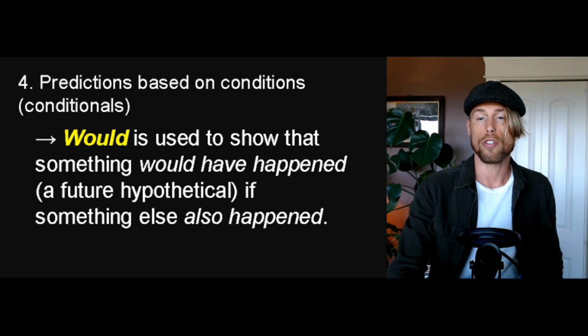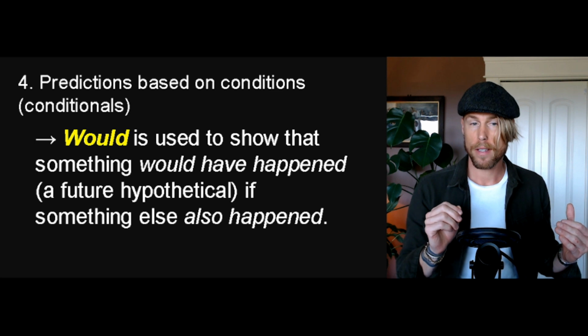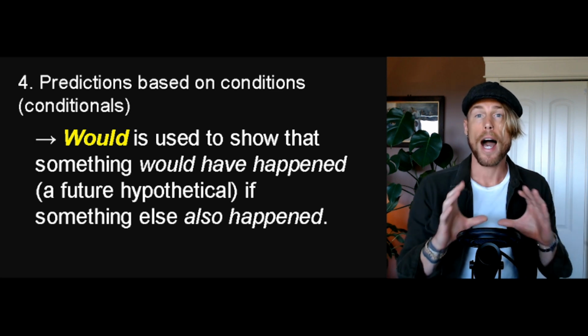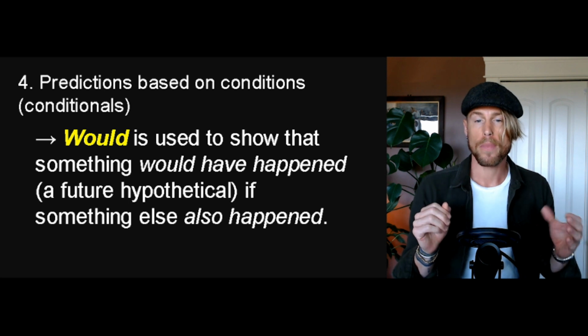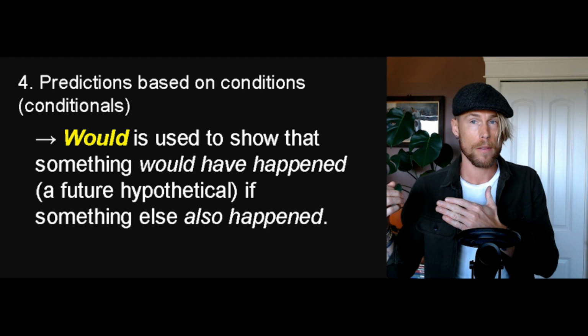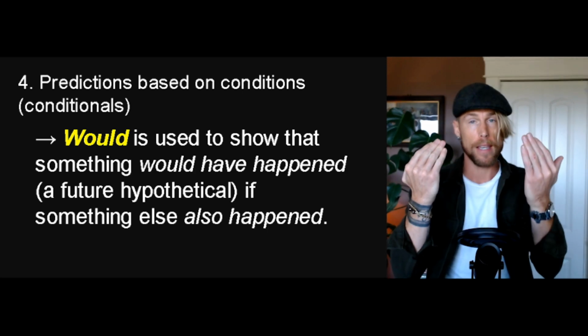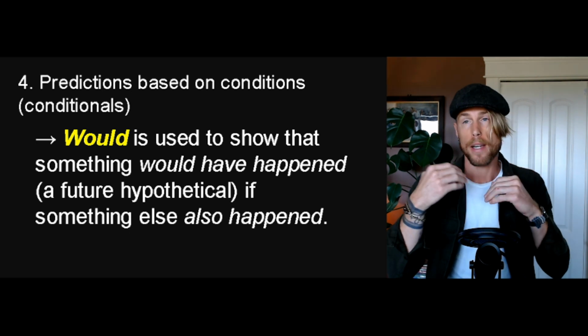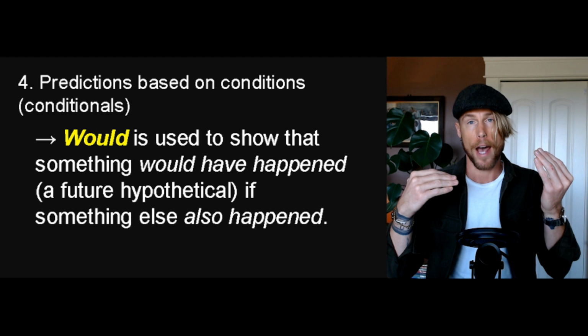Would is used to show that something would have happened, a future hypothetical. Something would have happened if something else also happened. So A happens if B also happens. But if B doesn't happen, A doesn't happen.